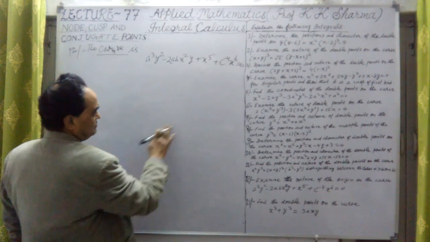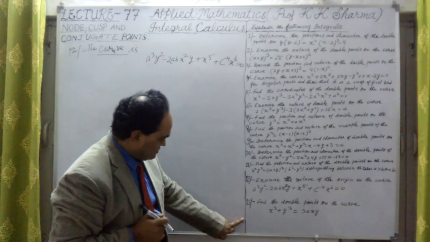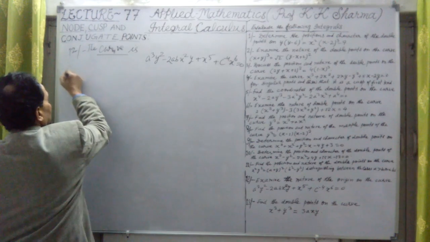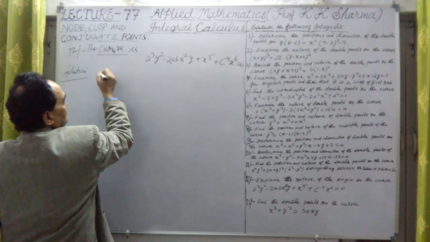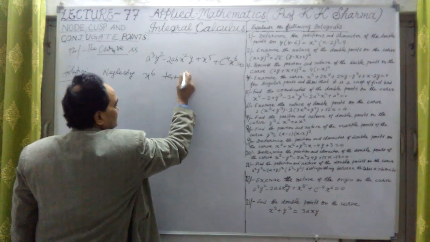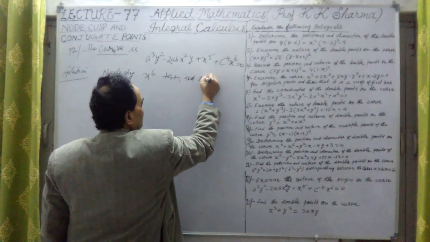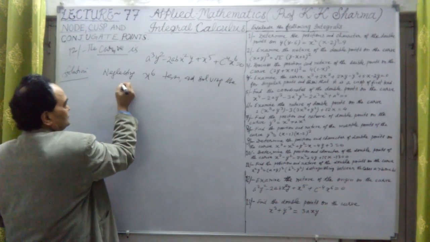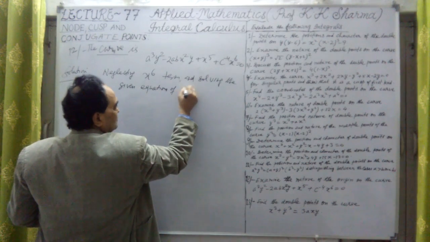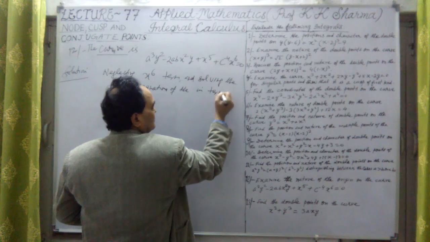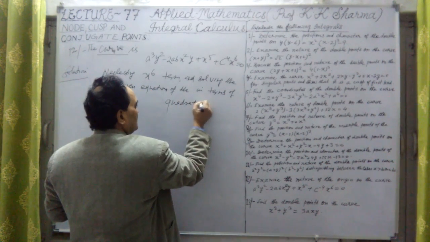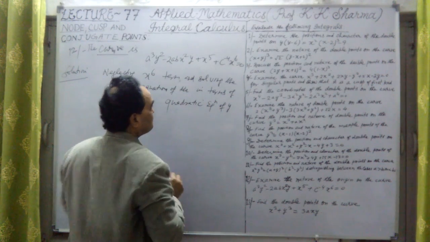Okay, if I take it as a quadratic equation in terms of y, with the y² term and this term only, neglecting the x⁶ term, and solving the given equation of the curve as a quadratic equation of y.